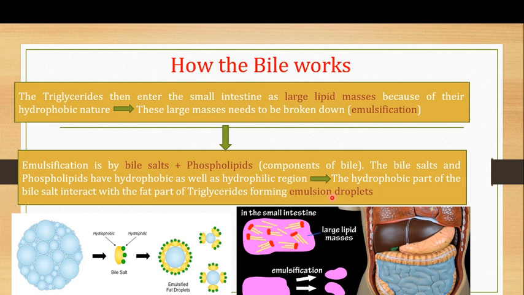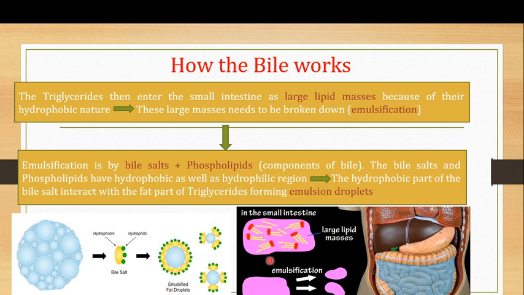This phenomenon in which the bile breaks down the fat globules into emulsion droplets is known as emulsification. So in the process of emulsification, the bile salts and the phospholipids, which are components of the bile, are going to interact with these large fat globules and convert them into what are known as the emulsified fat droplets.